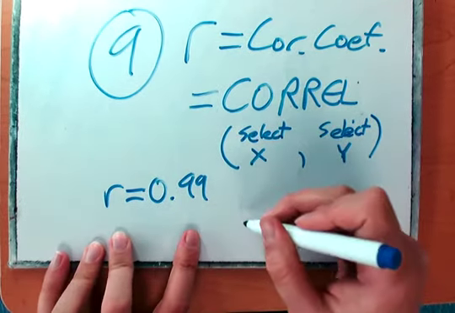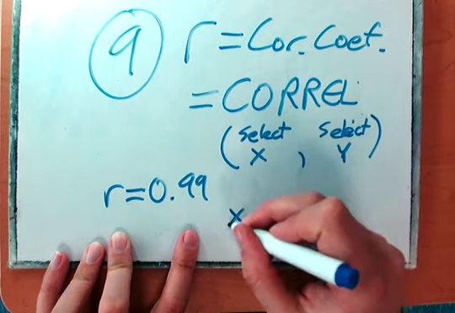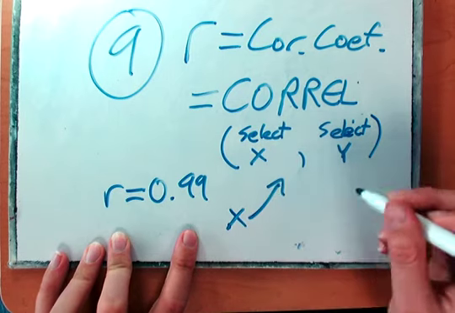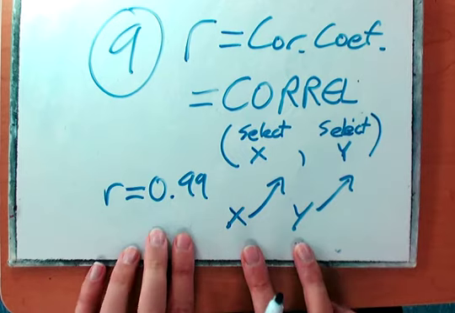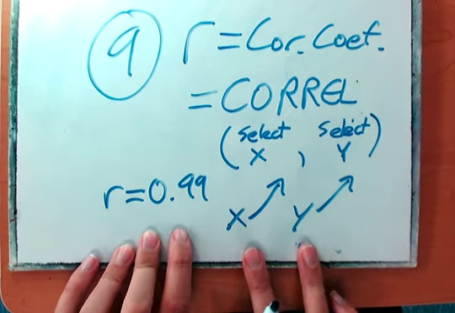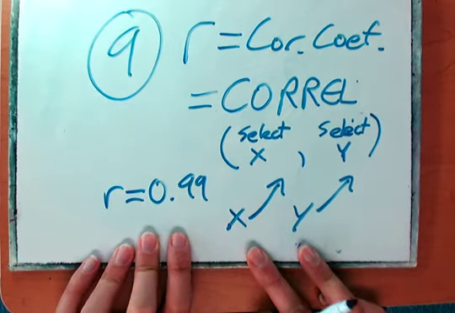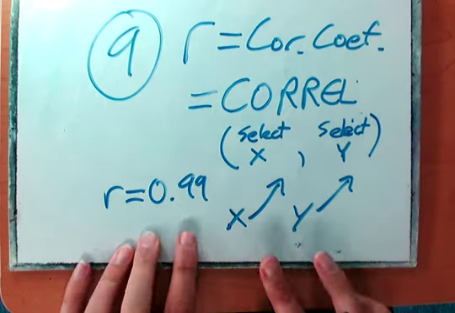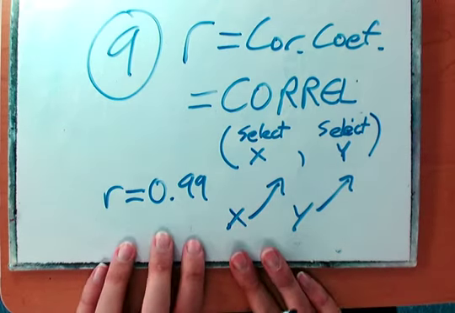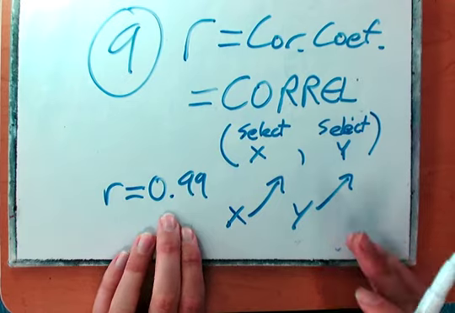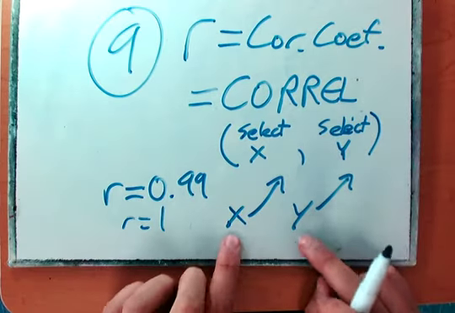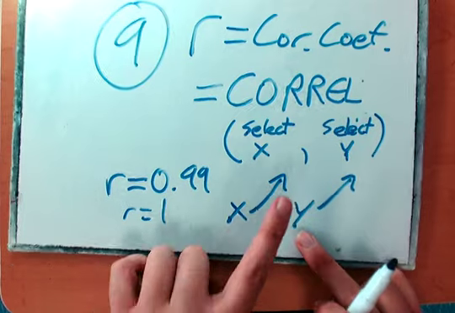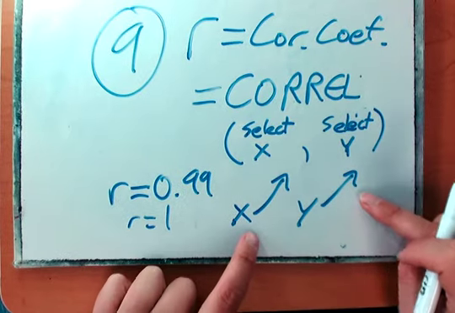That means when your X value goes up, your Y value goes up as well. And it goes up almost at the same rate, proportionally, that is. It doesn't go up the same amount because the numbers could be different, but it goes up proportionally by the same amount. An R value of exactly 1 means that these are perfectly connected. When one goes up, the other one goes up 100% of the time.